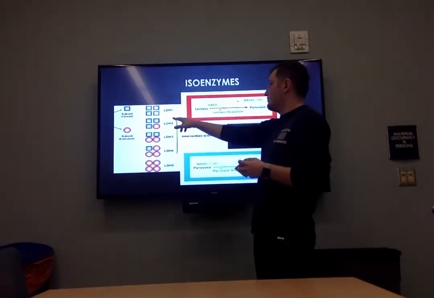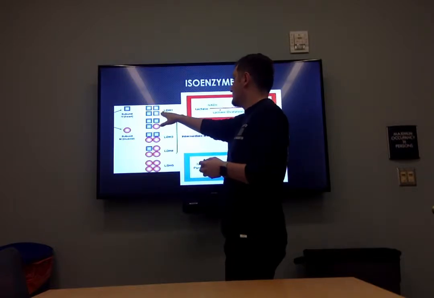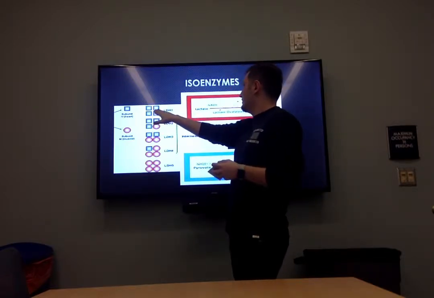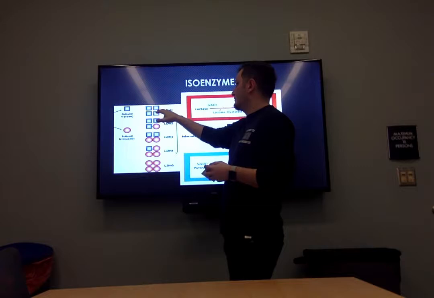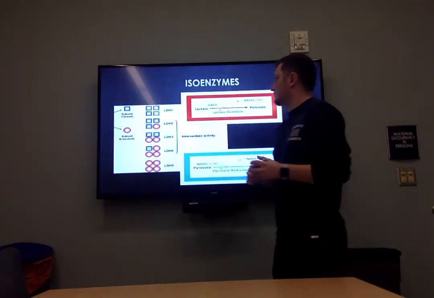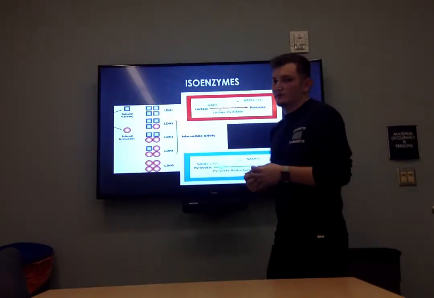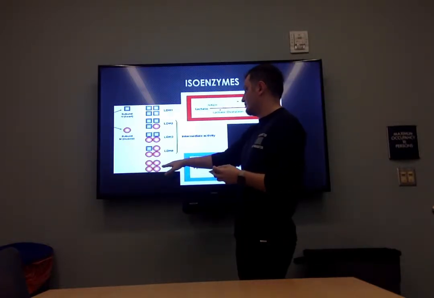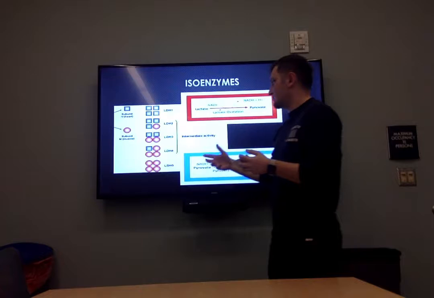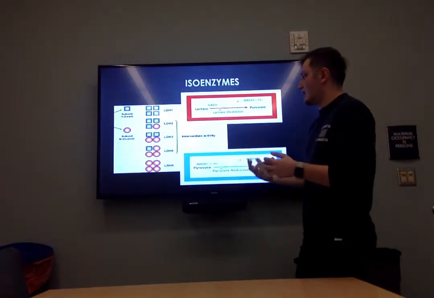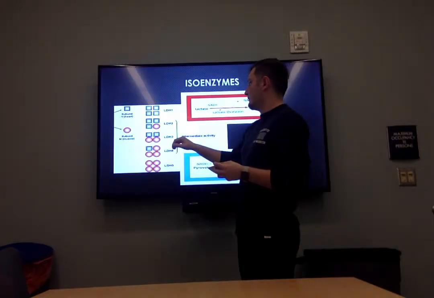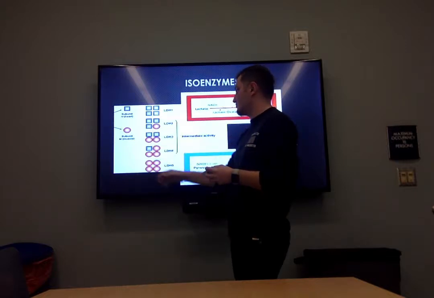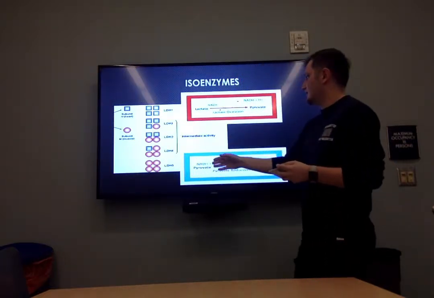Here you have the first isoenzyme, LDH1. It's composed of four H subunits, and is mainly found in the heart. Then down here you have LDH5, which is also one of the most common isoenzymes, found in the muscle, composed of 4 M subunits.